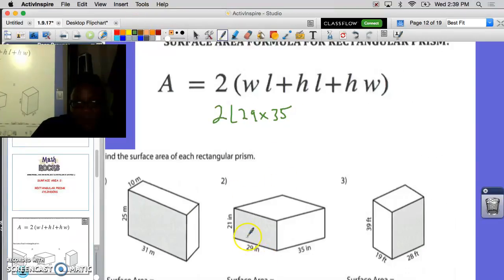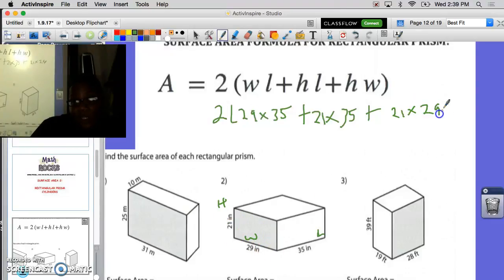Right? So remember, width, that one's length, this one is height. Plus height times length, and height, 21, times width, which is 29.